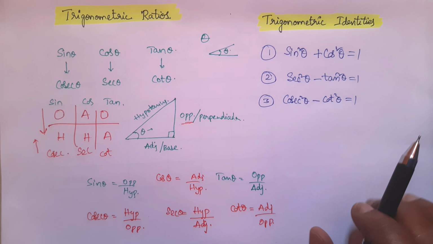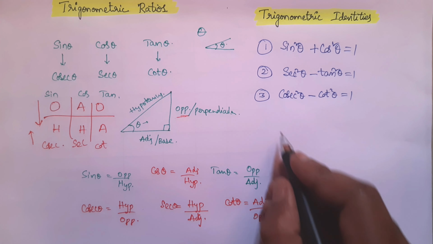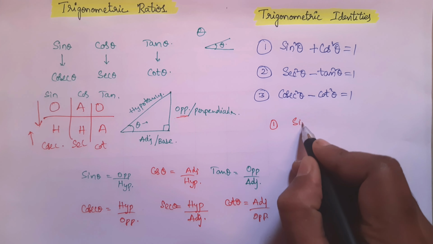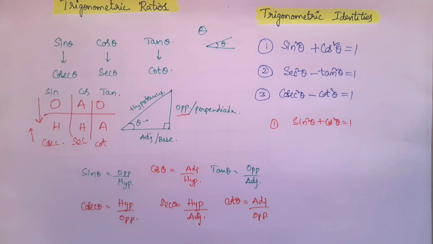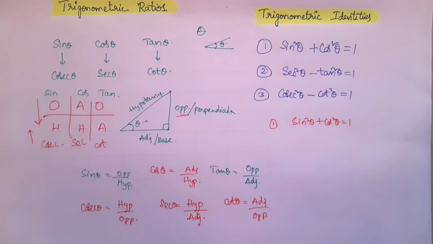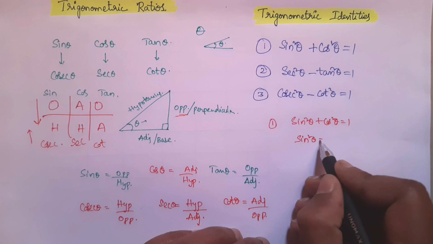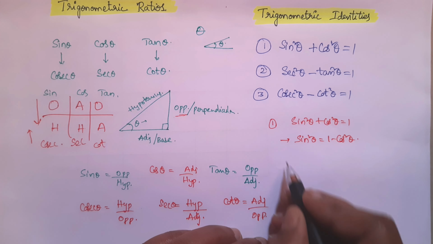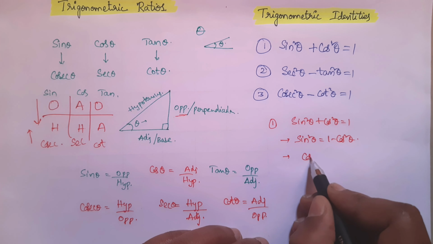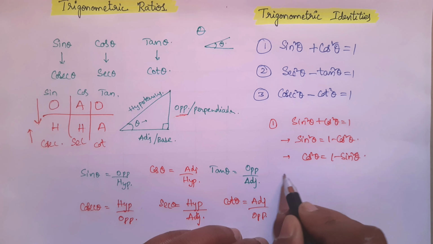Why these are very important: for example I will take sine square theta plus cos square theta is equal to 1. From this one formula we can derive a minimum of 4 formulas. Sine square theta can be written as 1 minus cos square theta, and cos square theta can be written as 1 minus sine square theta, right?